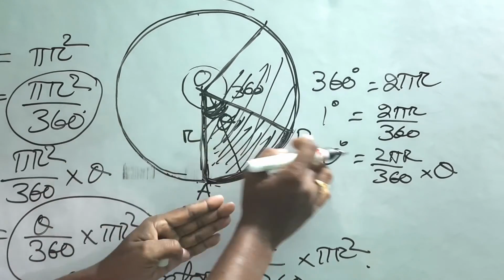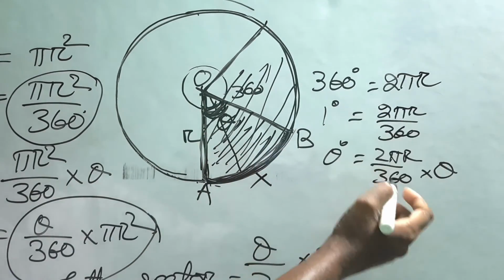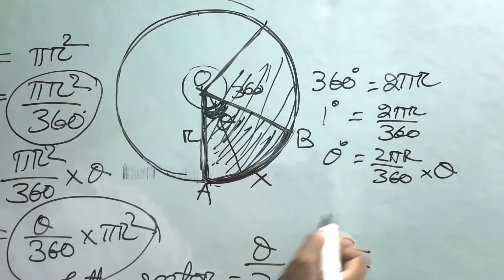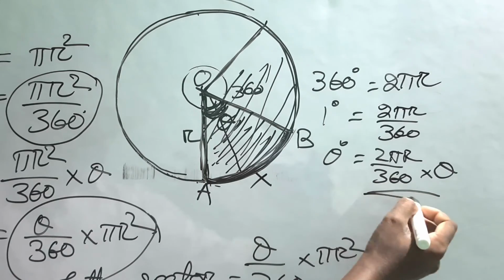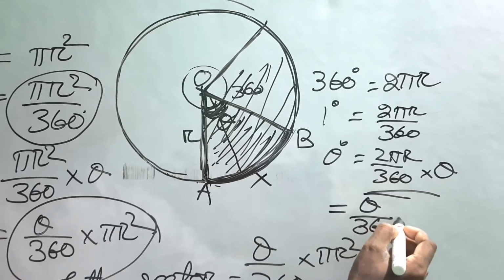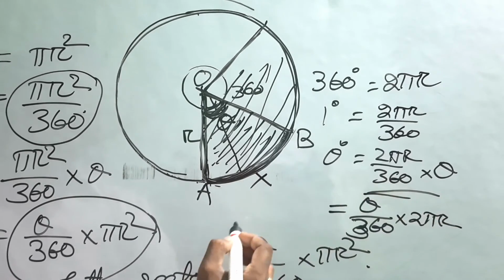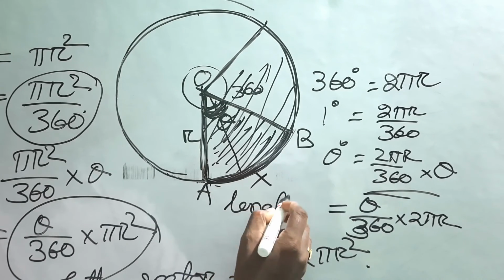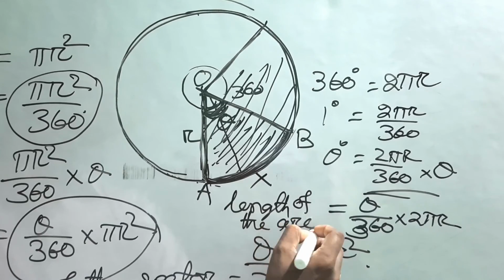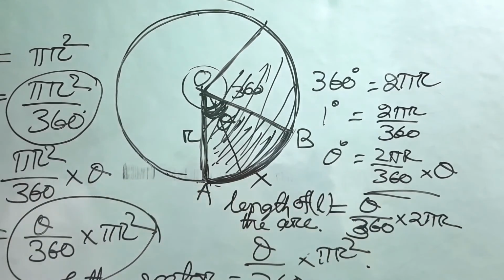So when it sweeps theta degrees at the center, the length of the arc will be 2 pi r by 360 into theta. You can rearrange it and write it this way: theta by 360 into 2 pi r. So this is the length of the arc. Or you can simply denote it L.